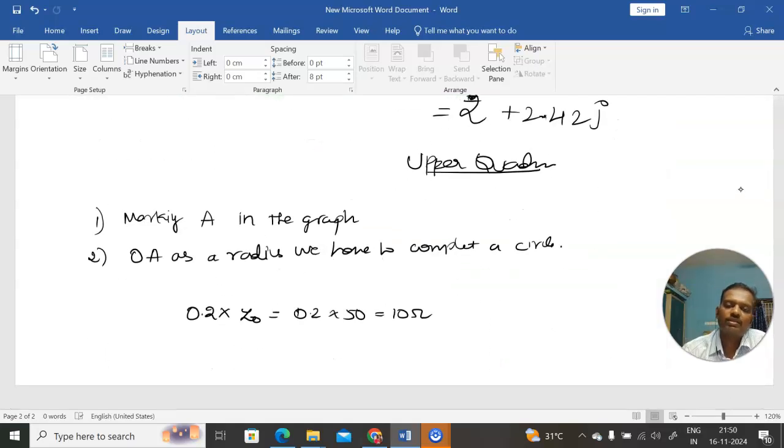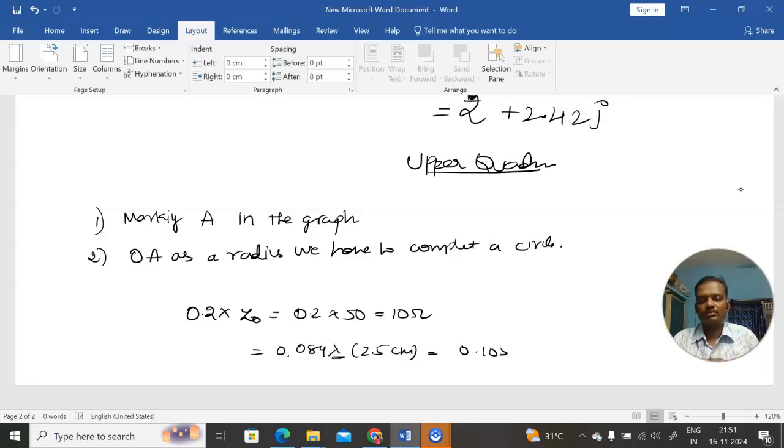So by multiplying 0.084 lambda, for lambda they have given us 2.5 meter. So here 0.084 into 2.5. So it can be calculated with the help of the calculator.